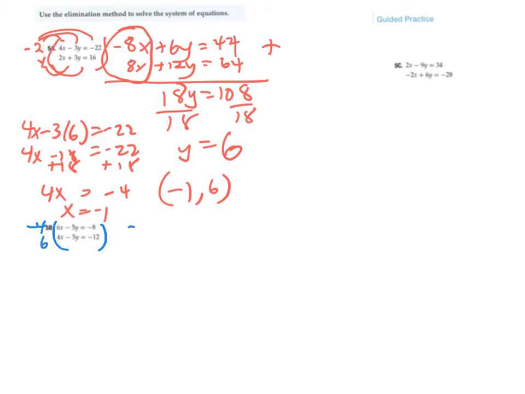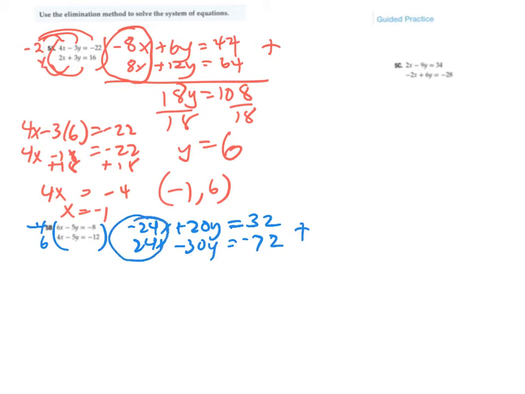So when I multiply, I'm going to get negative 24x, 20y, and negative 4 times 8 negative is 32. And then 6 times 4 is 24x. 6 times negative 5 is a negative 30y. And 6 times a negative 12 is a negative 72.